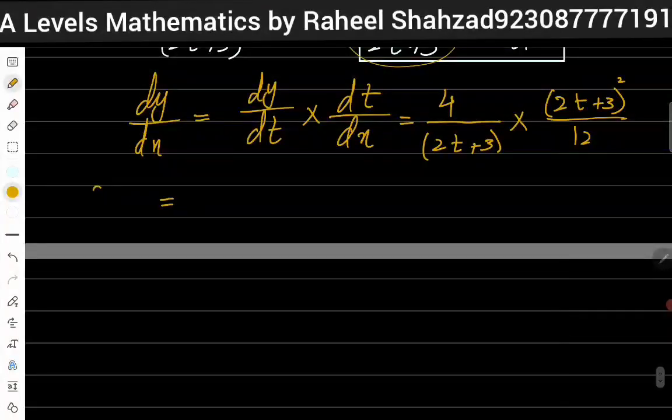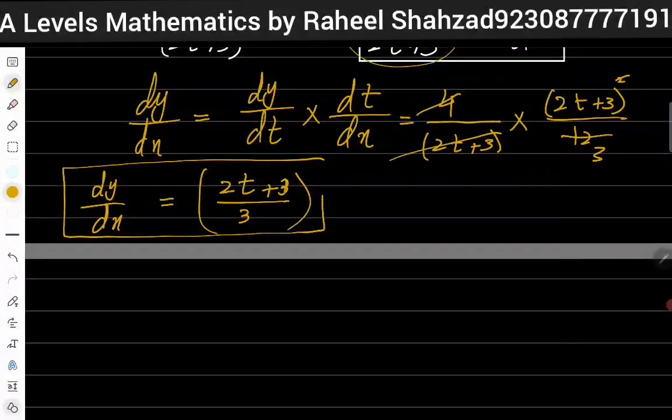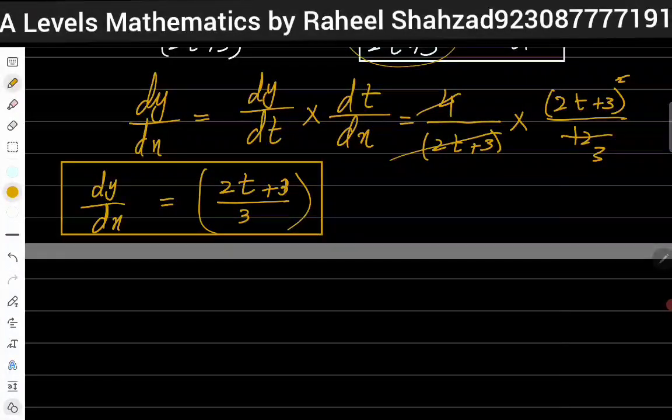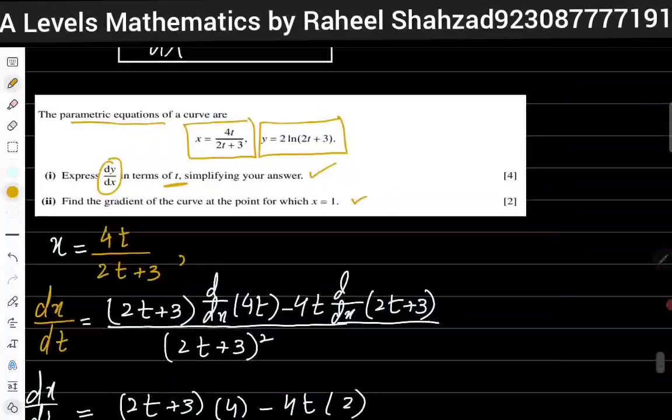dy by dx is equal to, you can cancel it out, 4 3s are 12, so this is 2t plus 3 divided by 3. Now this is your dy by dx given in terms of t. Now if you observe, in part B of the question, find the gradient of the curve where x is 1.